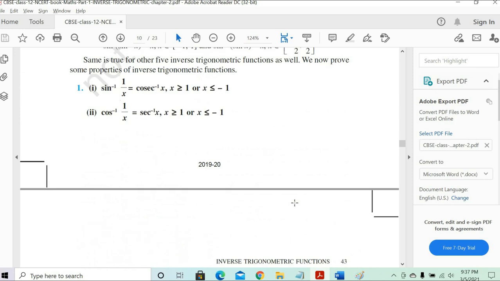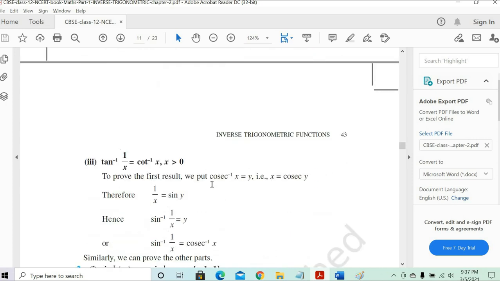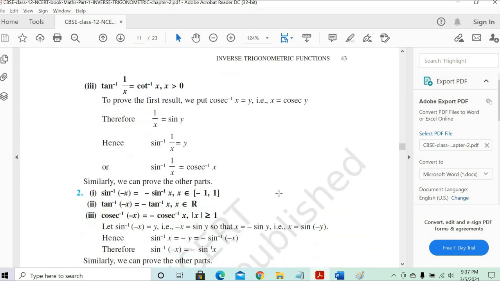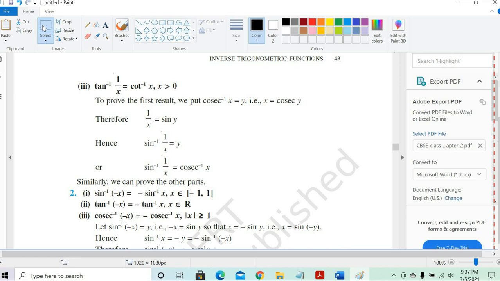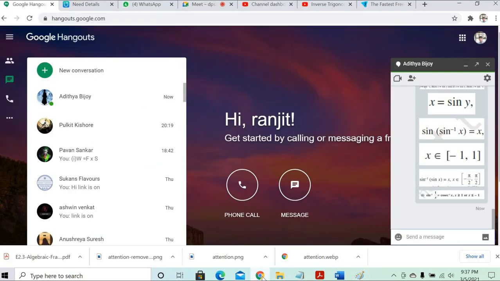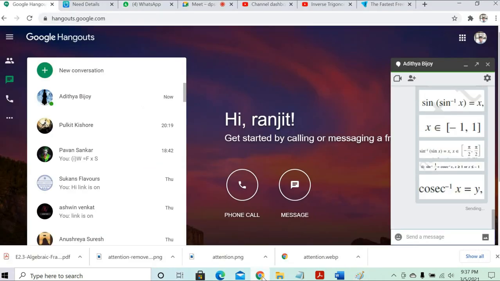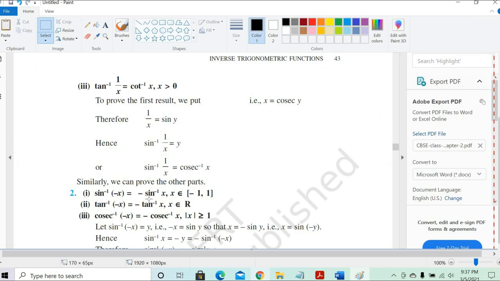Let's put cosec inverse x as y. Then x will be equal to cosec y. Correct? Now cosec y can be written as 1 by sin y.